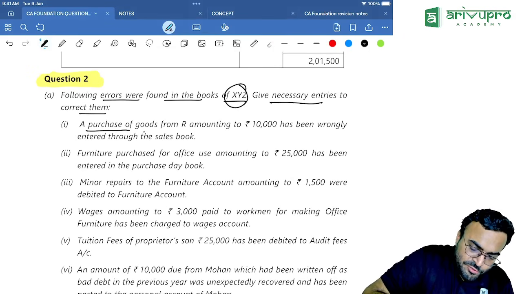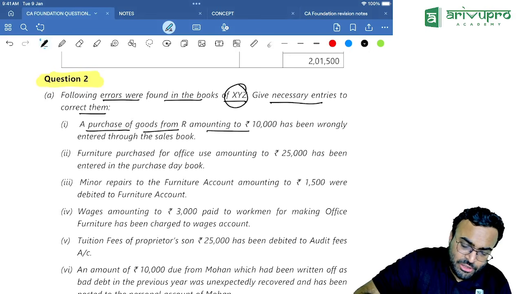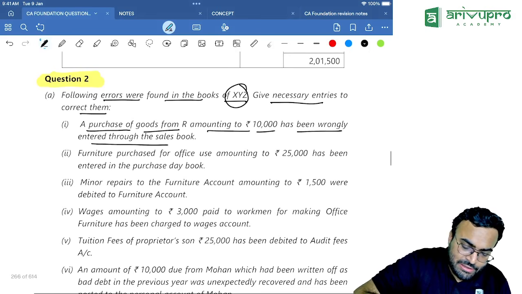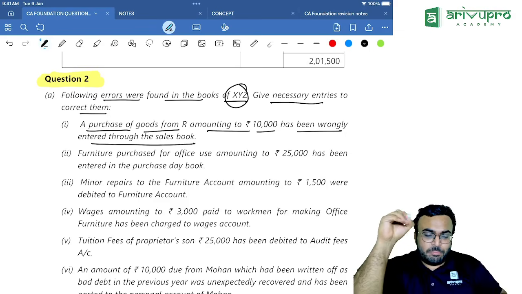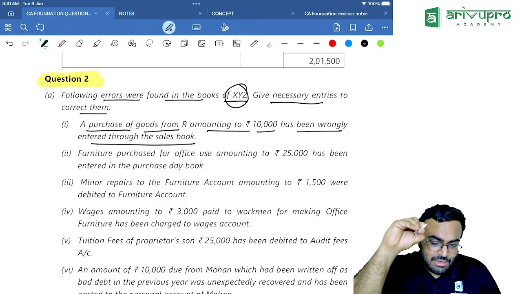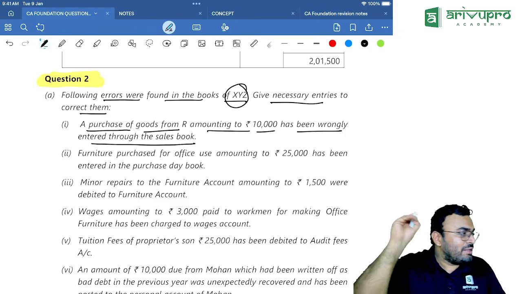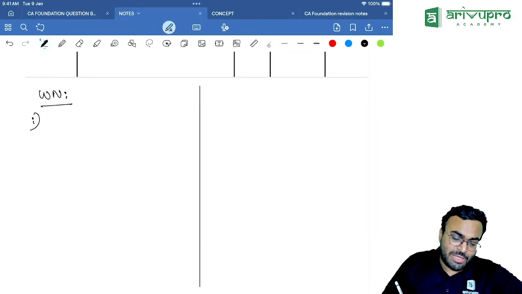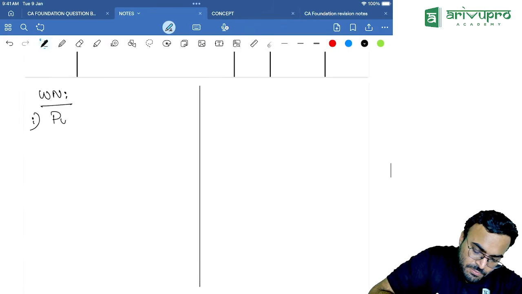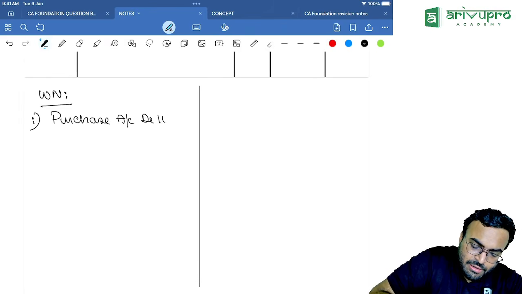Now, first one. A purchase of goods from R amounting to 10,000 has been wrongly entered through the sales book. First, what should be the correct entry? Purchase account debited 10,000 to R account 10,000.